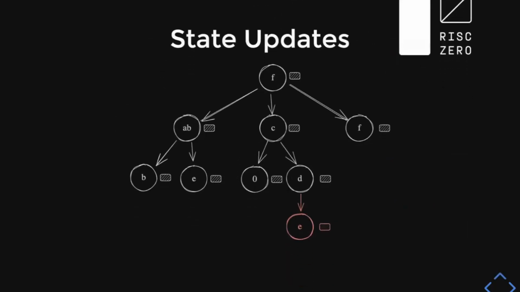Okay, so now we can actually handle the input. But one important thing that I guess we overlooked so far is there are also state updates happening. So let's say this is the whole state landscape, and now a new account is created, namely this FCDE account. And of course, this can happen as part of the execution of the EVM.